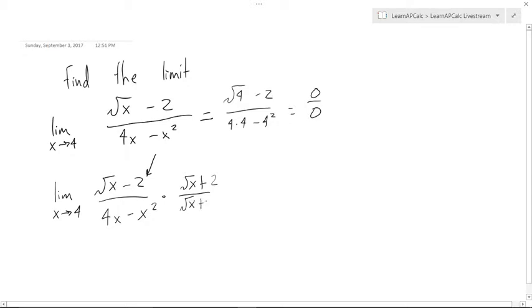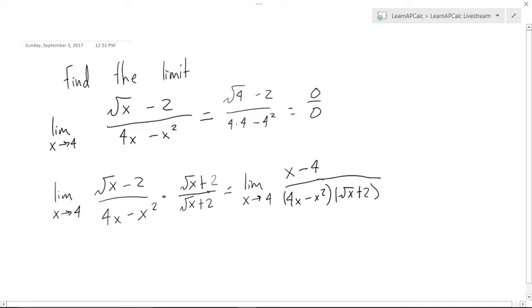And then of course we're putting it over itself because this would essentially be multiplying by 1. So limit x goes to 4 of x minus 4 all over 4x minus x squared times the quantity square root x plus 2.